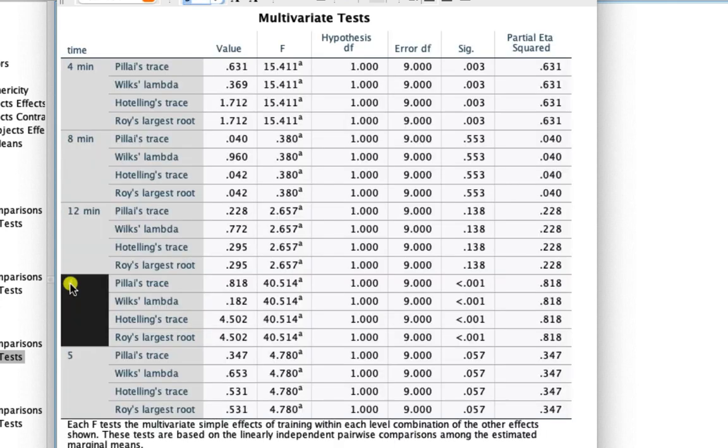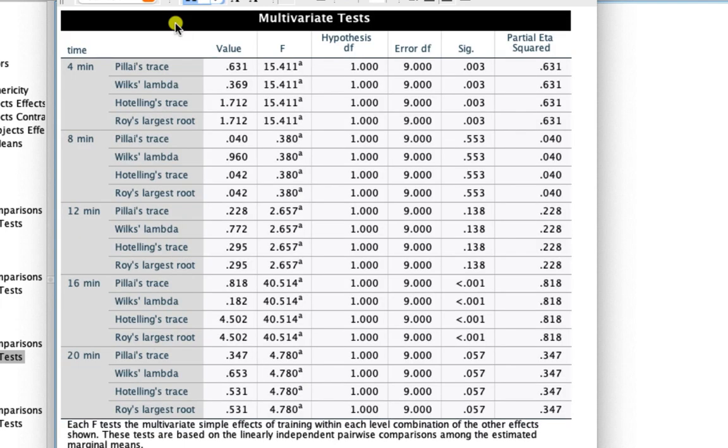I like to do this as a double check. There we go. Okay, so we've inserted our time points.